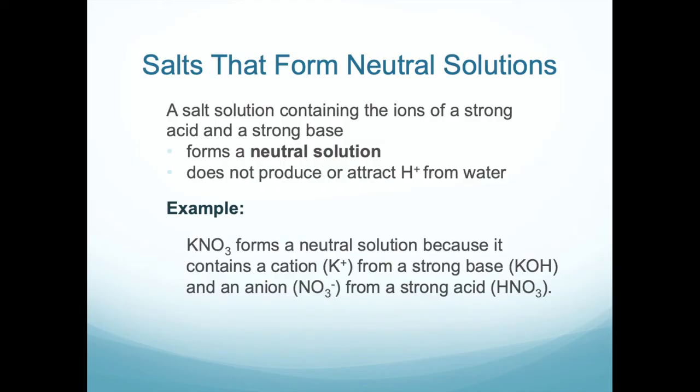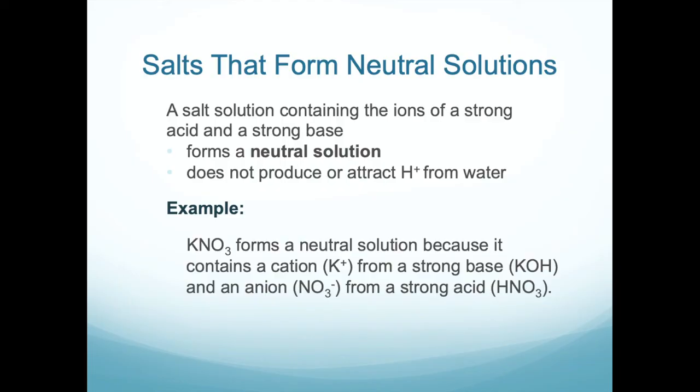If you have a solution of this salt, it would have a pH of 7. So why is this? Well, your salt is made from the conjugates of a strong acid and a strong base, which means that they themselves are really kind of worthless conjugates. They don't do that reverse reaction.